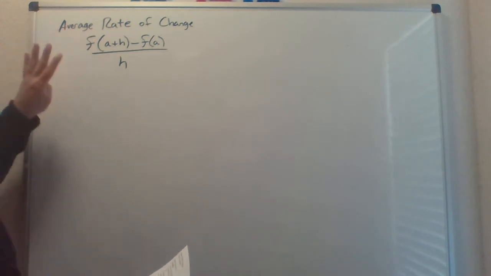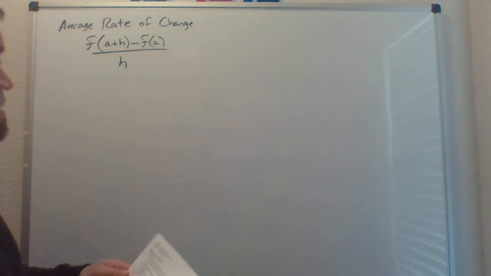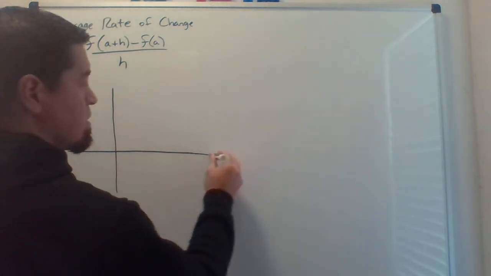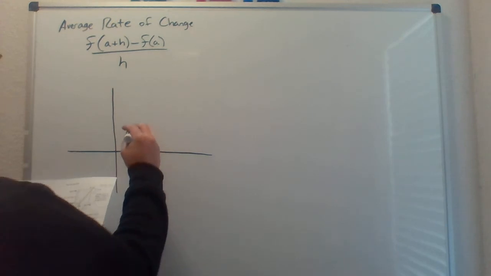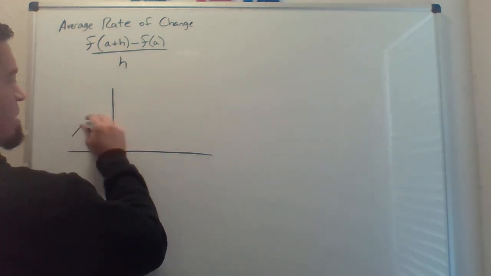We're talking about this average rate of change. Before, we knew average rate of change was a slope when you talk about algebra, but I'm just going to draw some random function, similar to what's on your page.